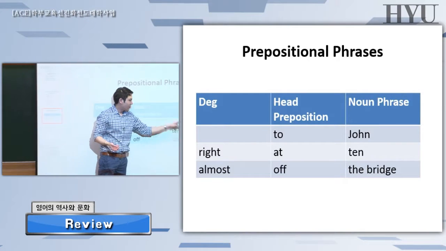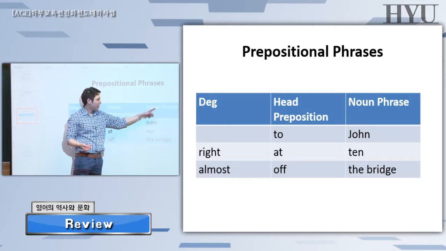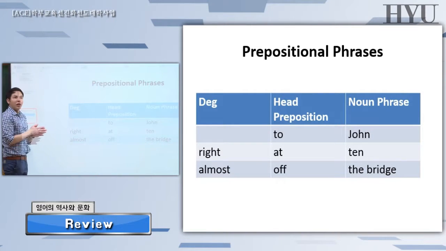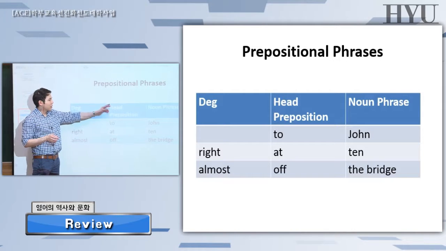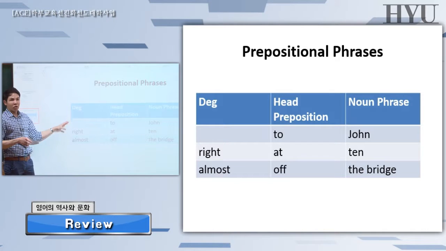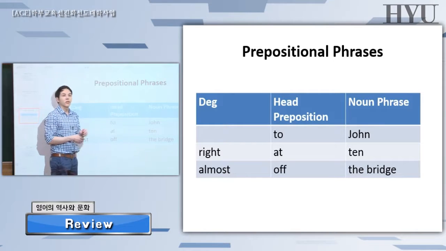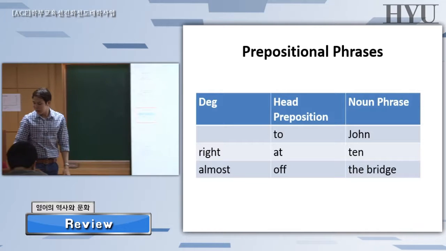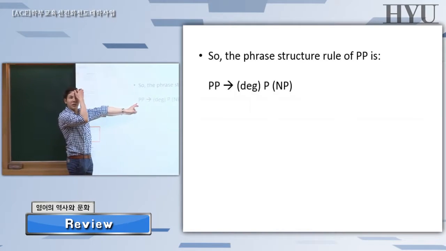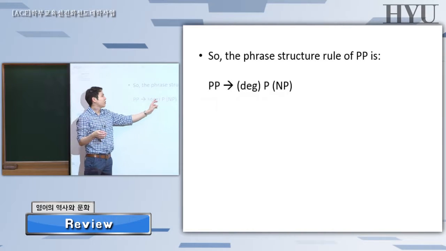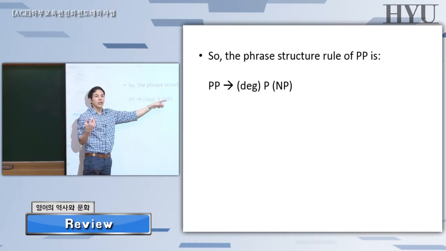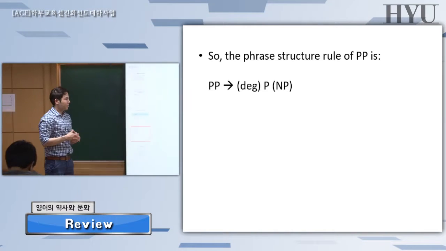So you may have a noun phrase here. Okay? We call it a noun phrase because this is a phrase rather than just a word, right? But you can see that the most important thing is it must have a head. Okay? And it could have a degree word or not. And it can have a noun phrase. Okay? So it seems that the structure is like this. PP, which is a prepositional phrase, consists of a degree word, the P, which is the head, and then the NP. Okay.